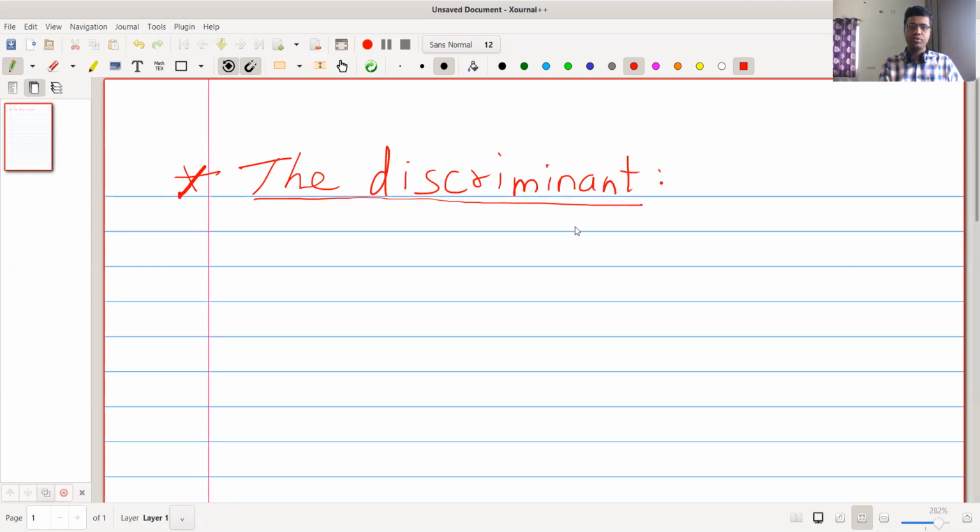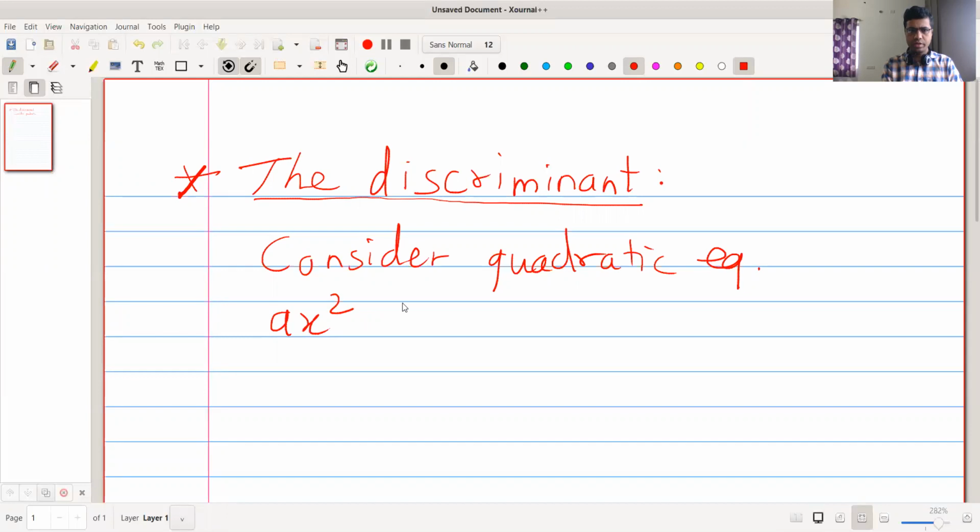You must have heard about this term. So we consider the quadratic equation ax square plus bx plus c equal to 0.